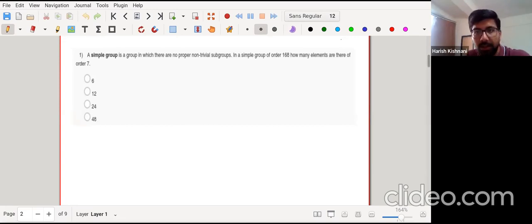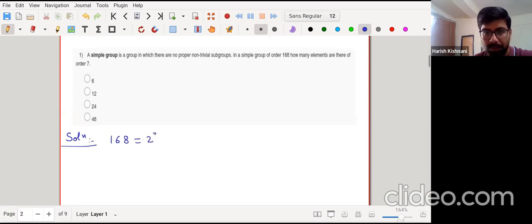So there exists a Sylow subgroup of order 7, because you can directly see the prime factorization of 168 is 2 cube times 3 times 7, right?